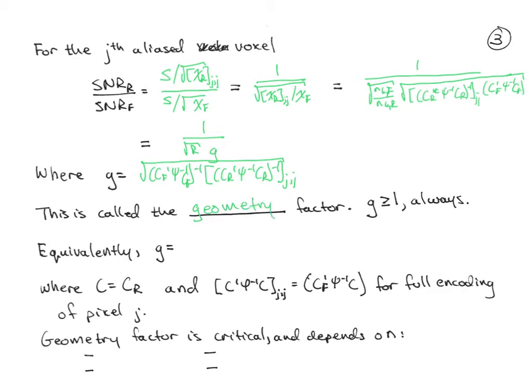By construction, it can never be less than 1. The lowest it can be is if there's no reduction, if there are no aliased pixels in a given location, then this simplifies to this, and we just have its inverse. So it just simplifies to a ratio of 1.